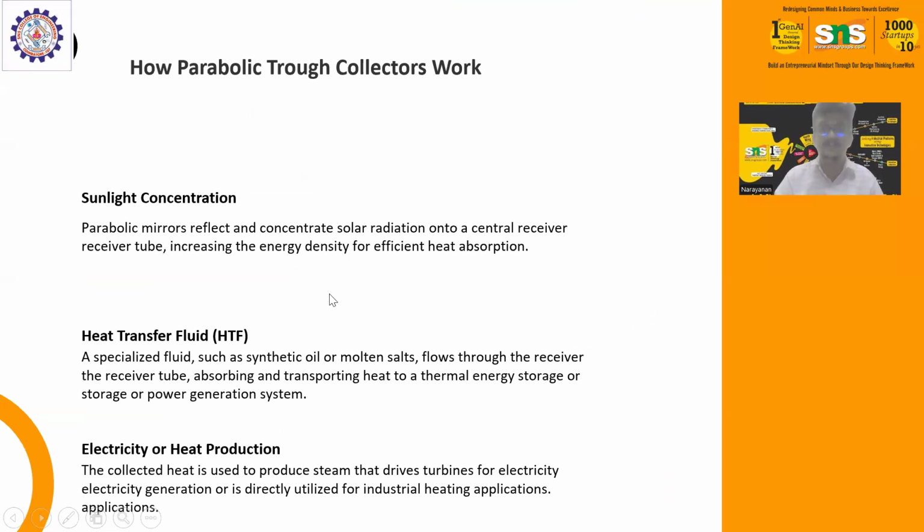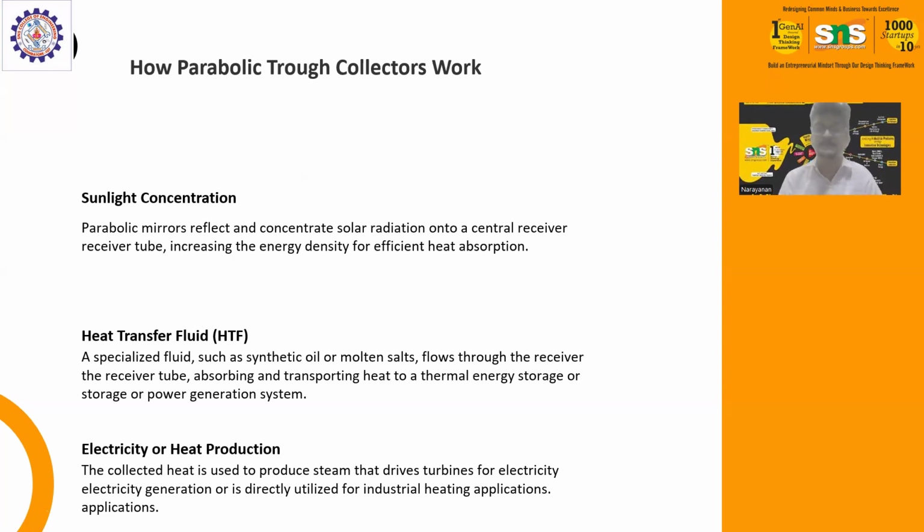So what are the processes which happen in a parabolic trough collector? Sunlight concentration: the parabolic mirror receives sunlight incident on the parabolic trough and focuses it onto the central receiver, increasing the energy density.